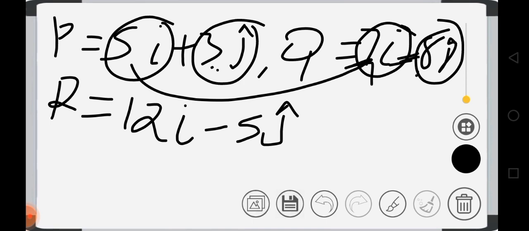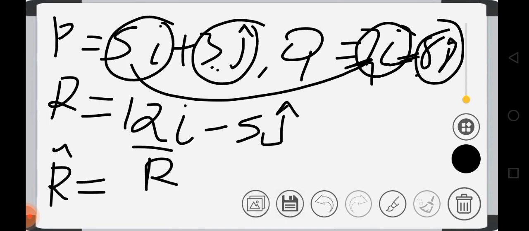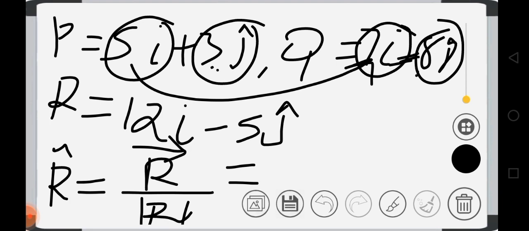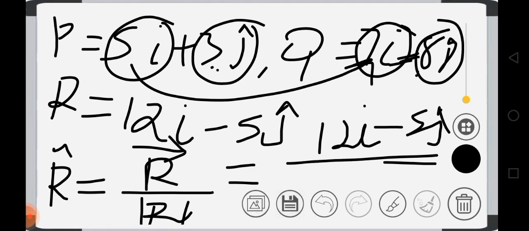The unit vector in the direction of this resultant is the resultant vector divided by the magnitude of that resultant, which is 12i minus 5j. Then what is the magnitude? We did this one in our first class.